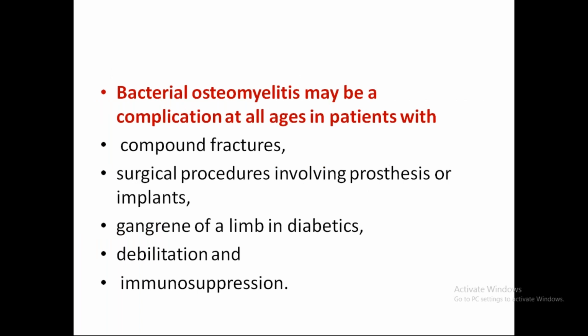Bacterial osteomyelitis may be a complication at all ages in patients with compound fractures, surgical procedures involving prostheses and implants, which initially produce irritation followed by infection, gangrene of the limb in diabetics, debilitation, and immunosuppression.